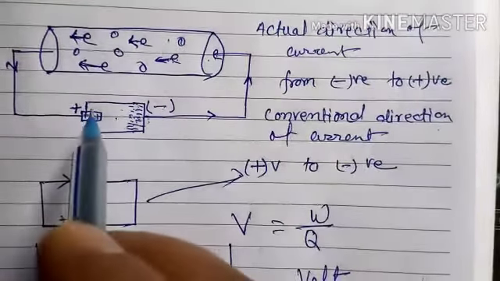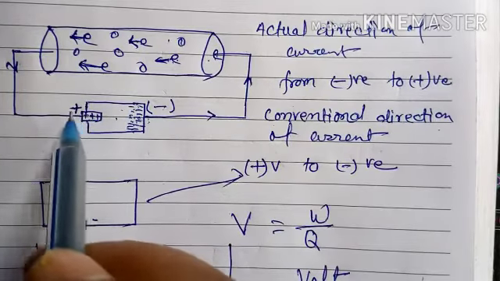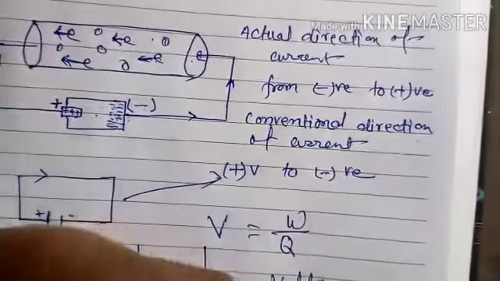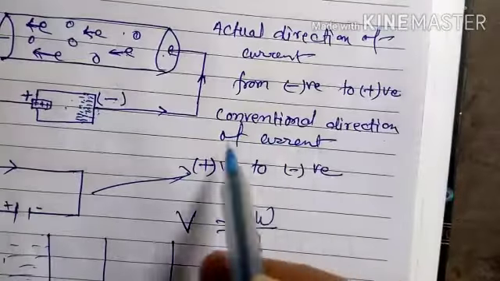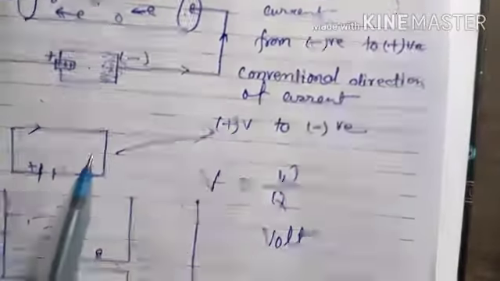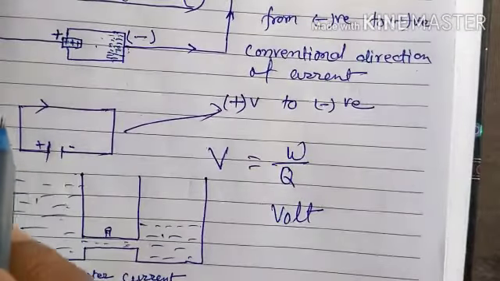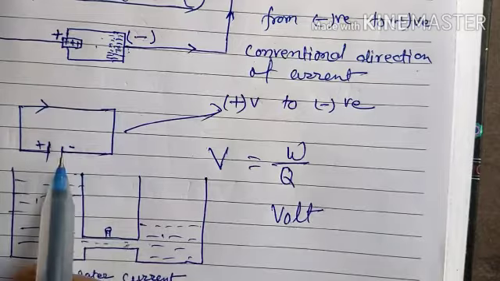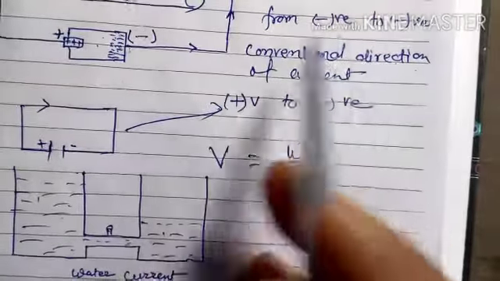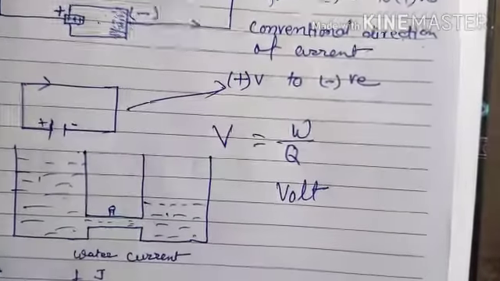So it was assumed that from the positive terminal it moves toward the negative terminal. This is said to be the conventional direction of current, from positive to negative, but actually it is negative to positive.